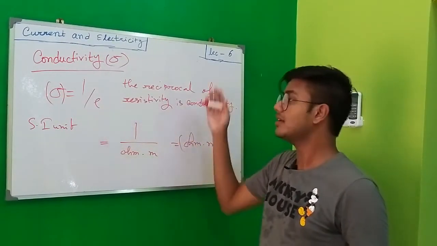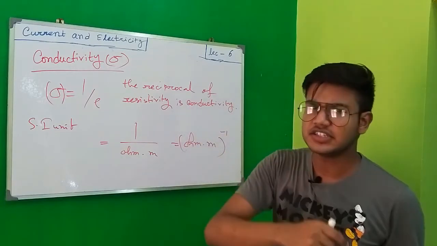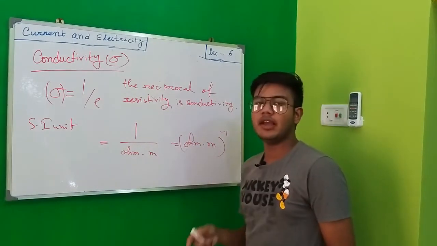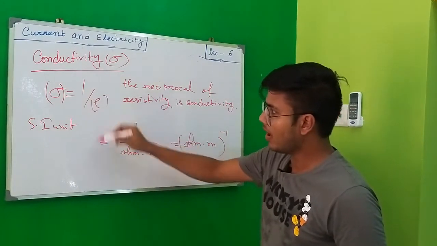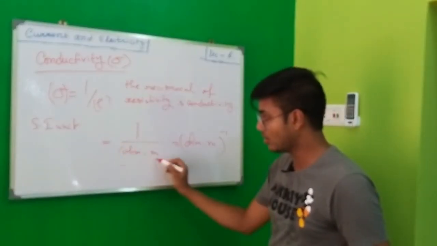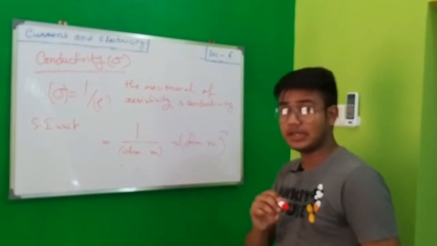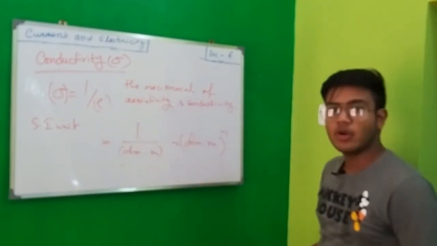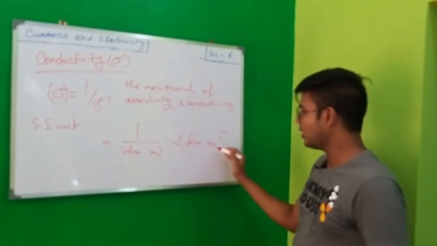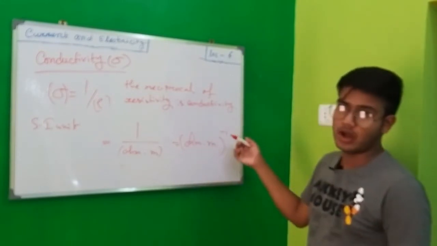That means it is the reciprocal of resistivity. Now we will check the SI unit of that. We know that 1 by resistivity has the unit ohm meter, so the SI unit of sigma will be 1 by ohm meter, which you can write as ohm meter to the power minus 1.